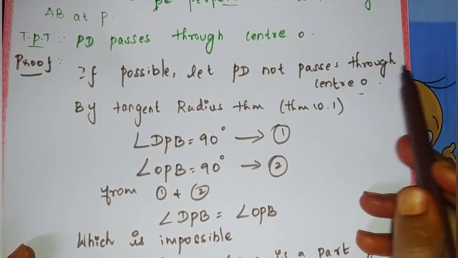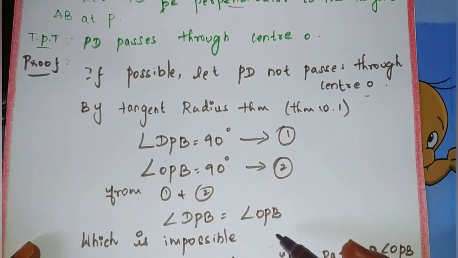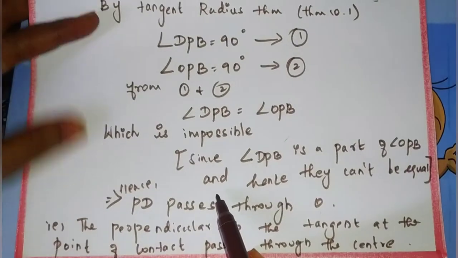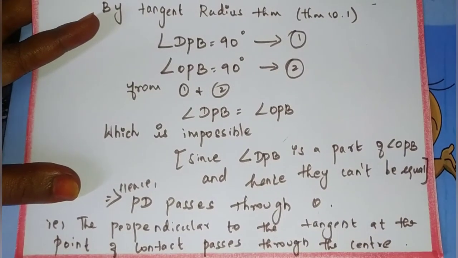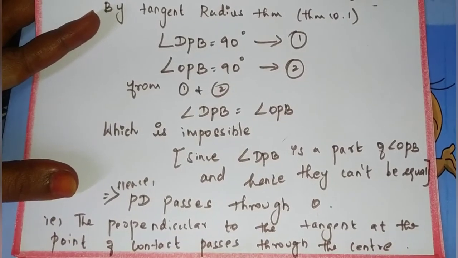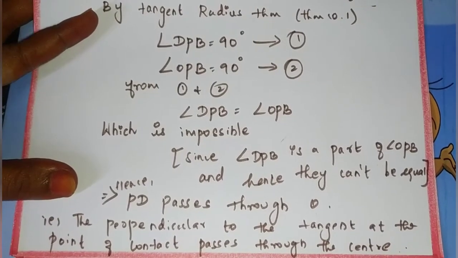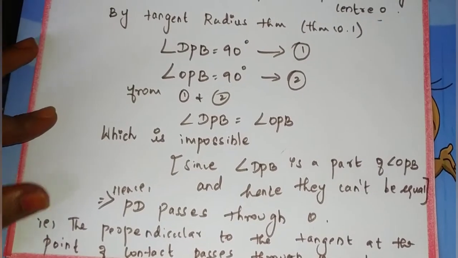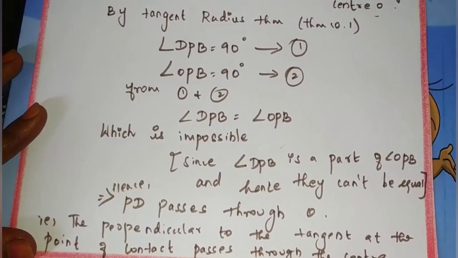Therefore, the assumption that it does not pass through the center O is wrong. Definitely, it must pass through the center O. Therefore, the perpendicular to the tangent at the point of contact passes through the center only. Are you all clear, children?